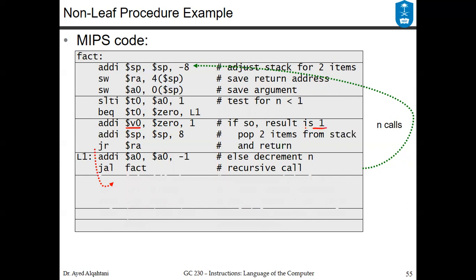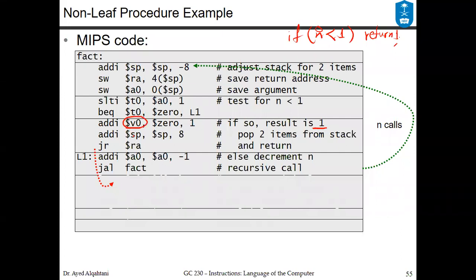And that's what we said in the factorial. In the true path, if n is less than 1, in our case it's 0, after we went down 5, 4, 3, 2, 1, and now we reach 0, at this point you return 1. So you return 1 this way in V0.